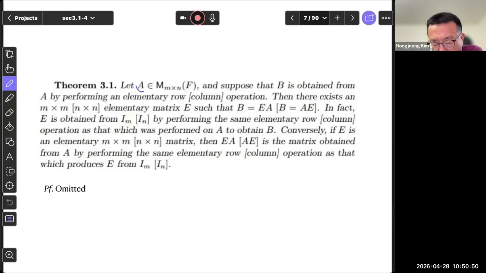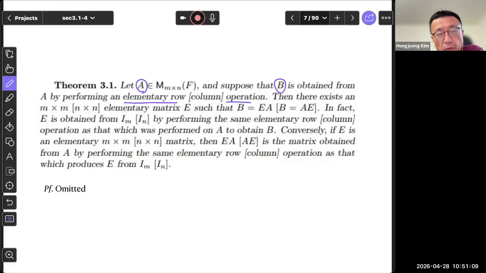Suppose that I have any matrix, okay? Any matrix. And then you obtained some matrix, say B, by performing some elementary row operation.